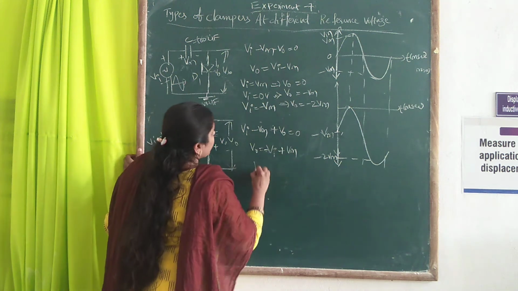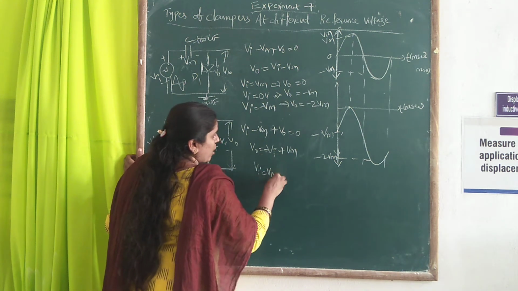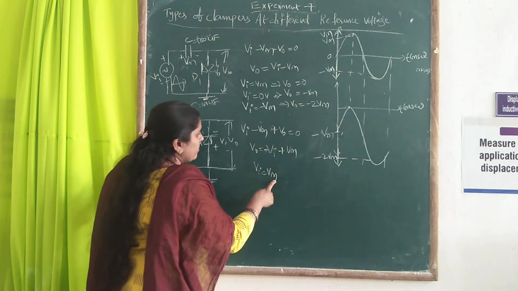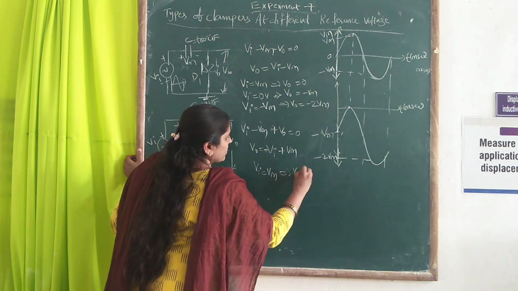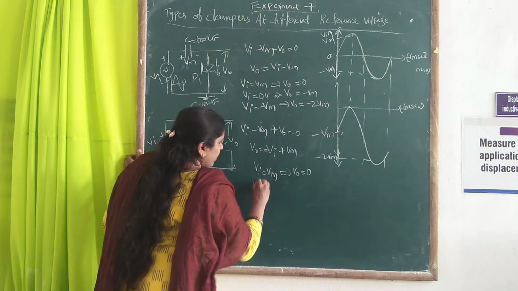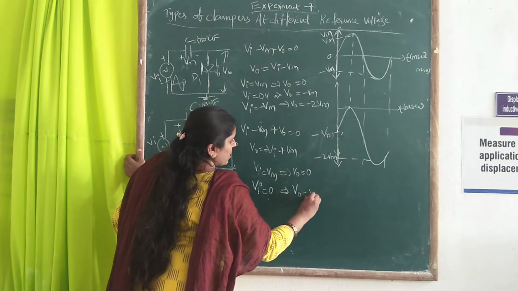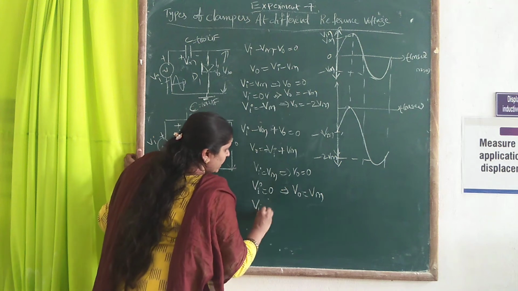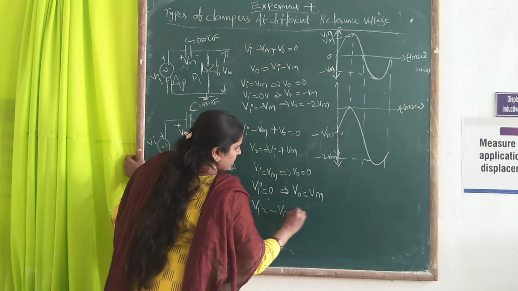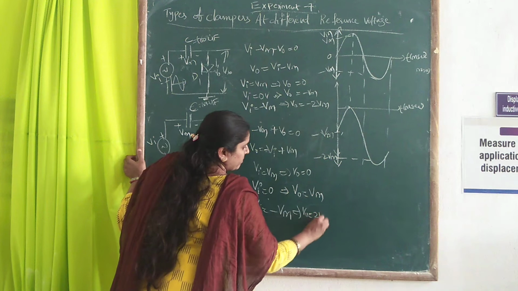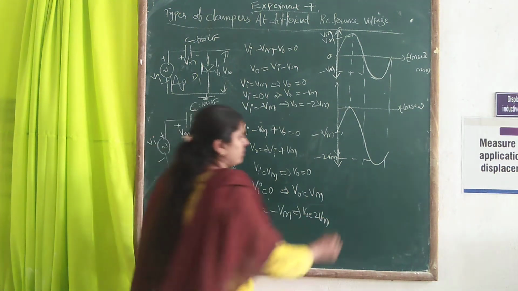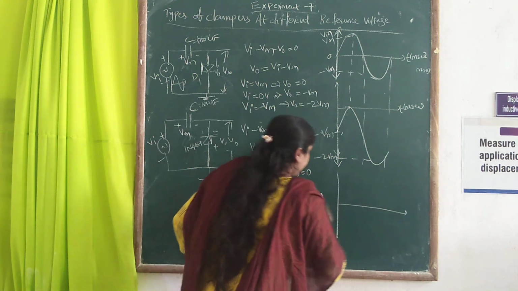So same formulas, when Vi is equal to Vm, then V0 is equal to 0. Next, when Vi is equal to 0, then V0 is equal to Vm. Next, when Vi is equal to minus Vm, then V0 is equal to 2 Vm. So apply the same thing here.